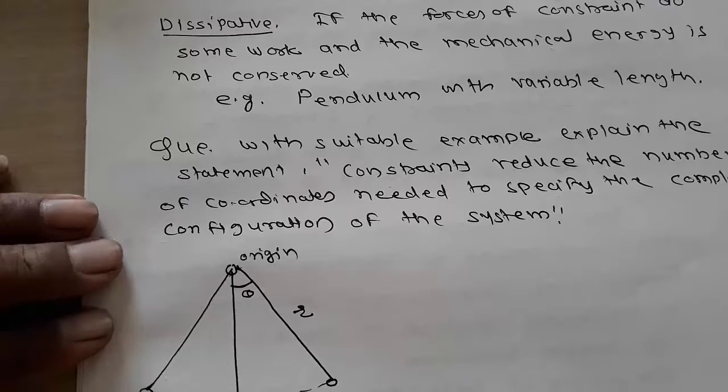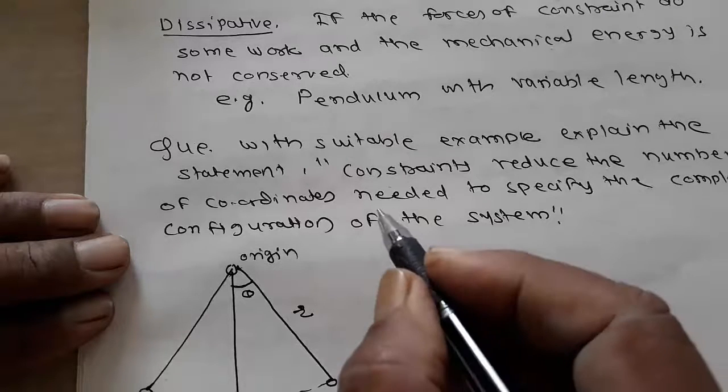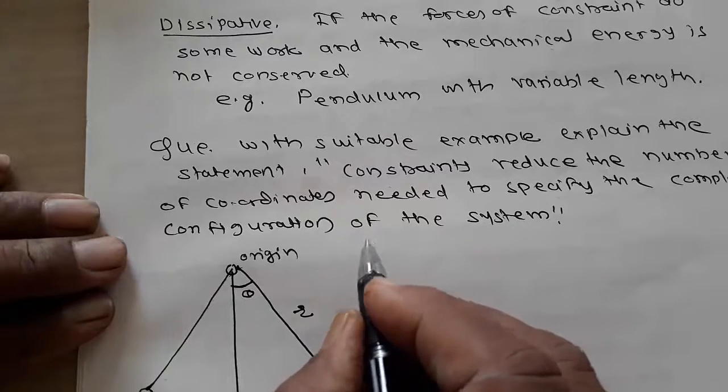We shall consider this example and show that the constraint reduces the coordinates needed to specify the complete configuration of the system. We shall write the answer like this.